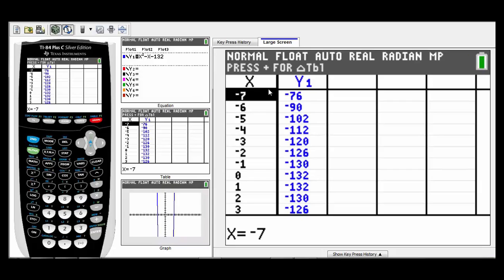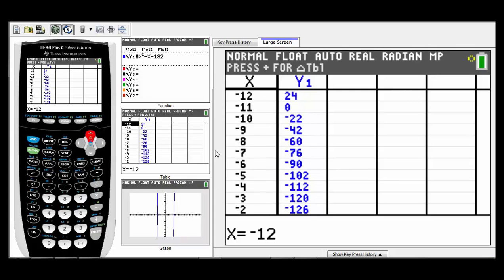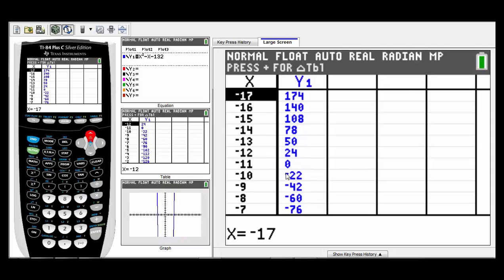And as I'm looking at my table, I see that these negative values are getting closer and closer to 0 in this direction. So let's go find that one. Oh, there it is. So one of my solutions is negative 11 players. Whoa. So negative 11 players is one solution. And our other solution, let's scroll up the other way. And again, what we're looking for is a trend change.